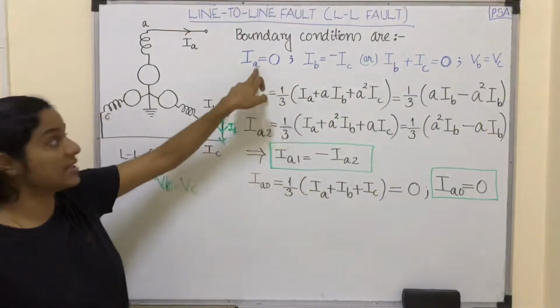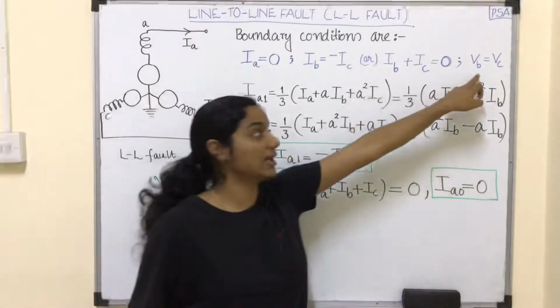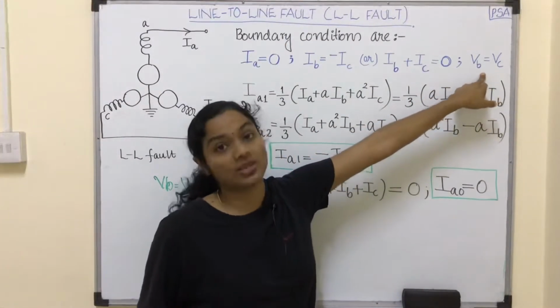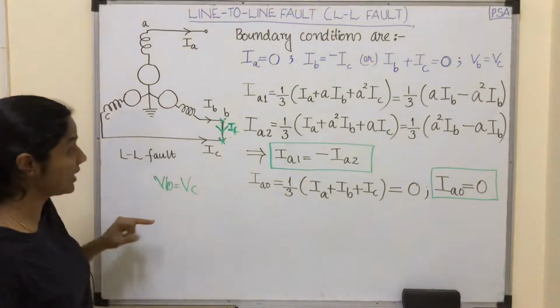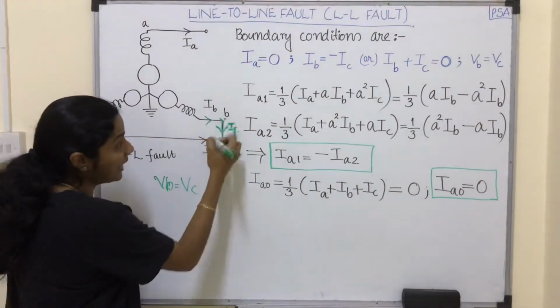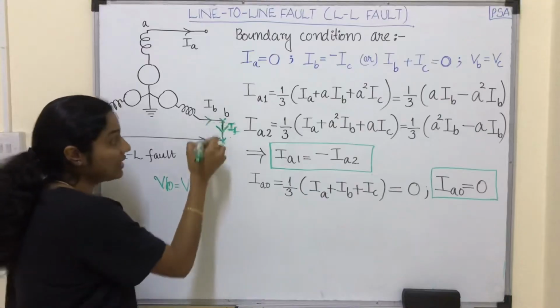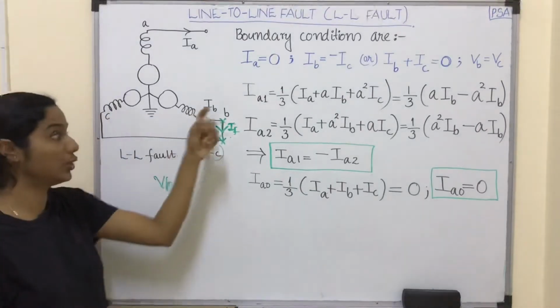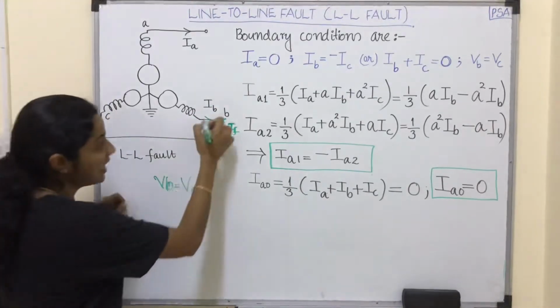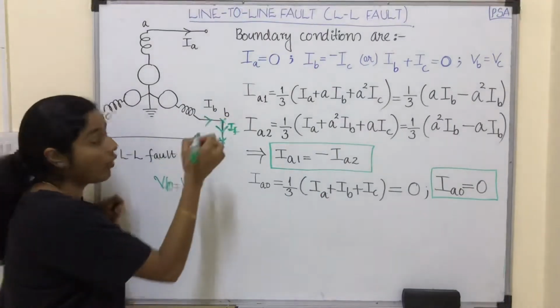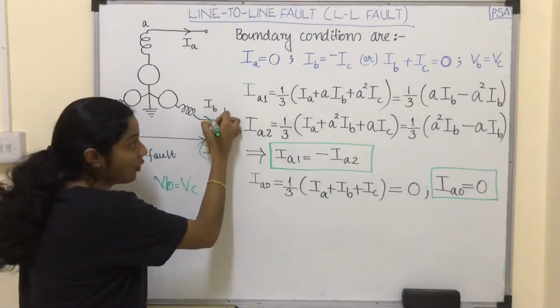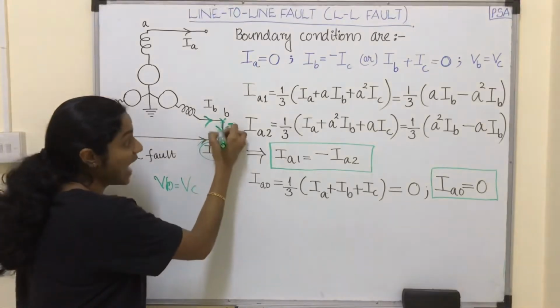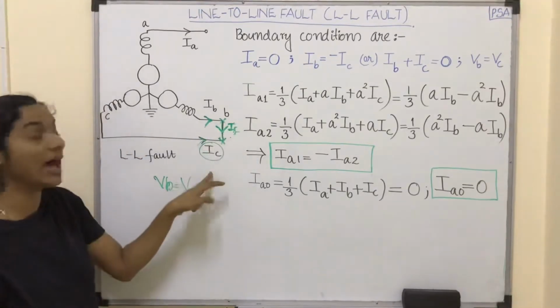That is the second condition. First is IA equal to 0, second is VB equal to VC, and the third one is IB equal to IC, but IC is in opposition to IB. Here you see the flow of current IB. IB is flowing in this direction and IC is opposite to that of IB.